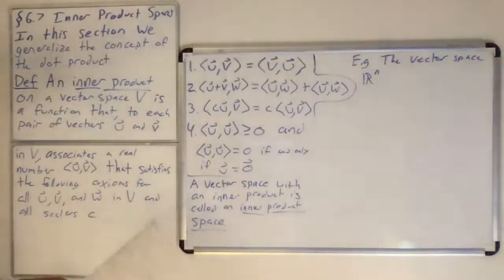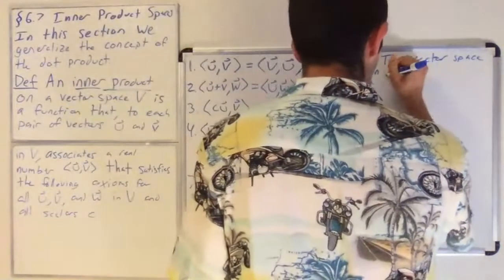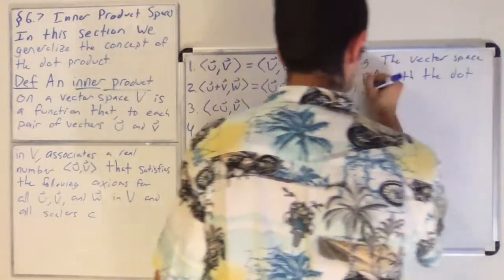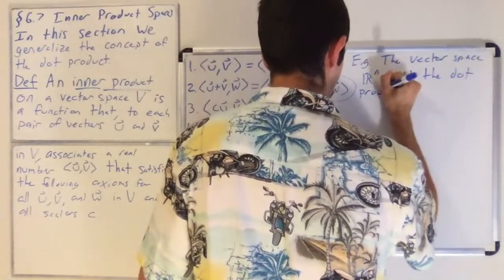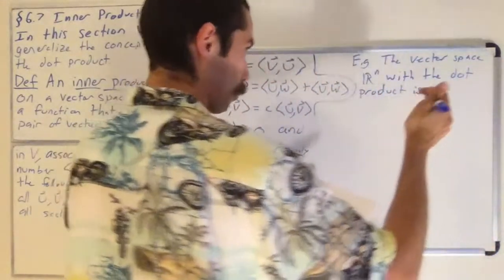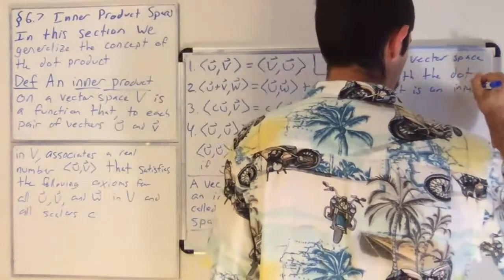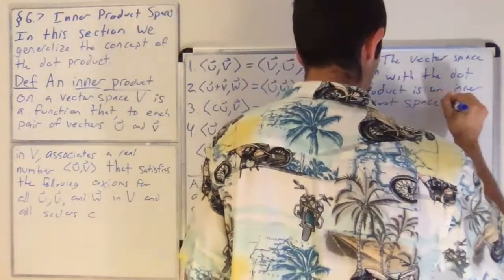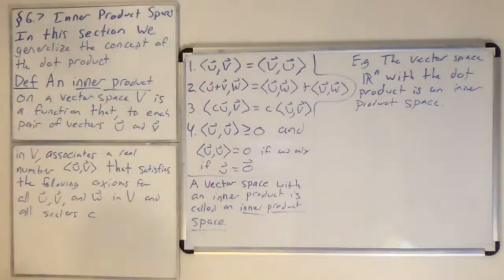So the vector space Rn with the dot product, and we'll show how to check this. Right, why is this true?